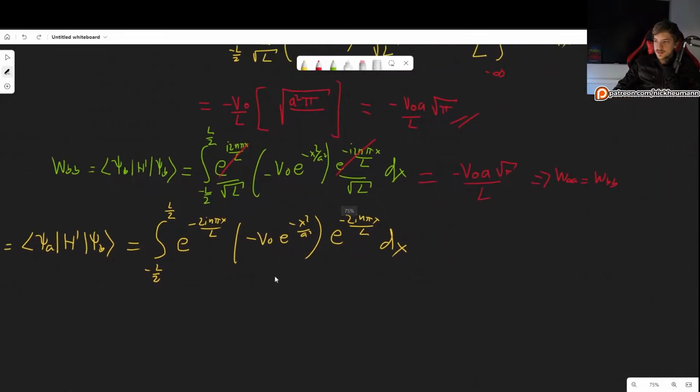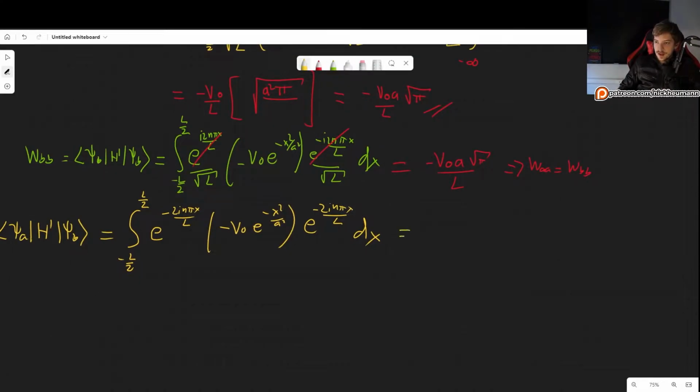So this time the exponents don't cancel out. So now we go minus V0, oh, and the square roots of L. So minus V0 over L, and then the integral, now we can change the limit of integration again. So L basically goes all the way to infinity, so like this, minus infinity to infinity.